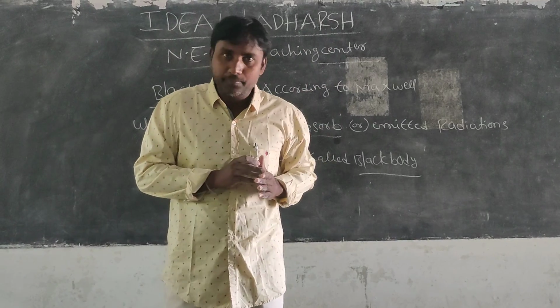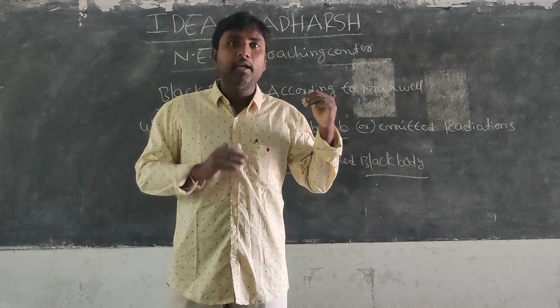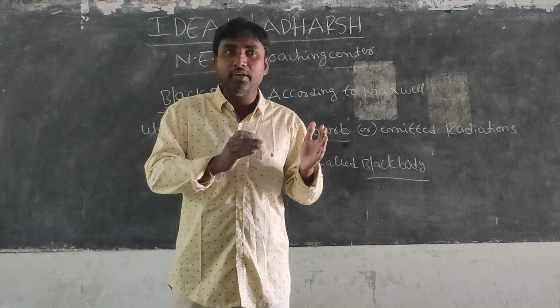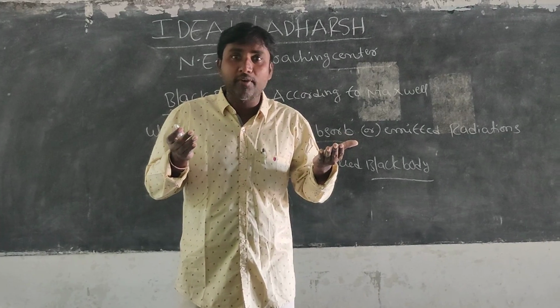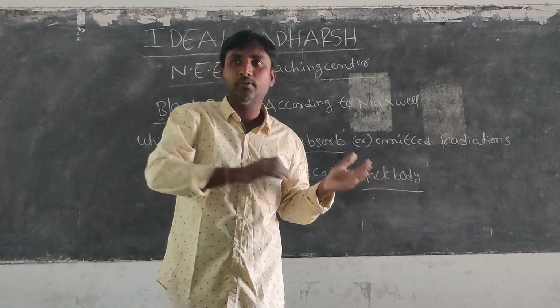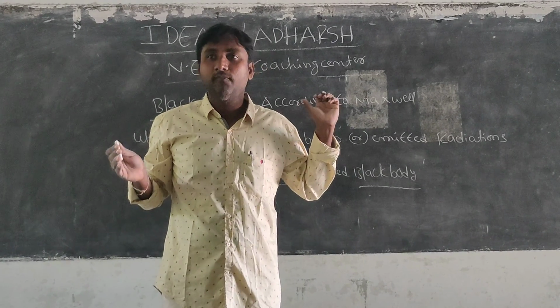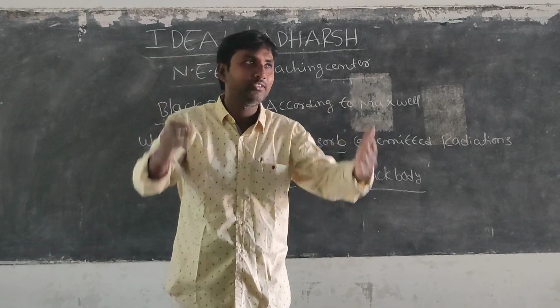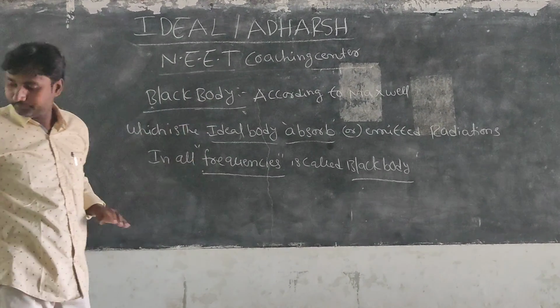But a black body emits or absorbs in all types of frequencies, high frequency and low frequency, whatever the frequency of the radiations is. That is called a black body.